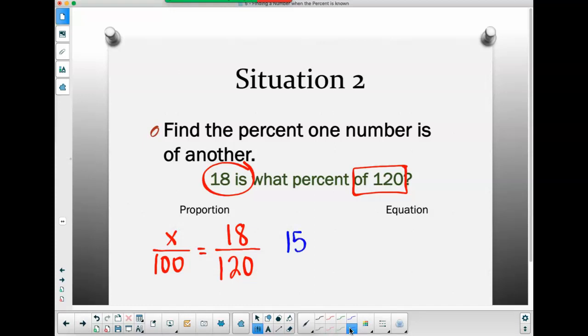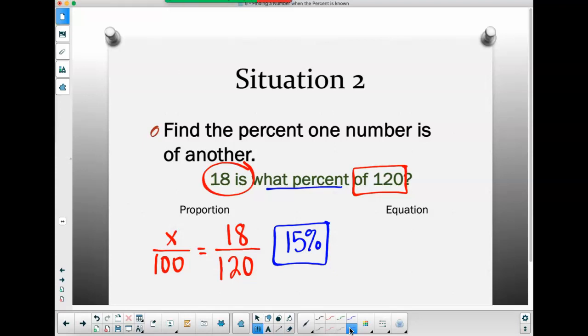Do I put a percent sign this time? Yeah. It says what percent, so it's 15%. Remember, if it's asking you what percent, then you have to put a percent sign on your answer.